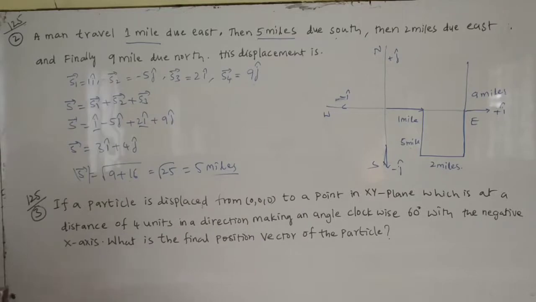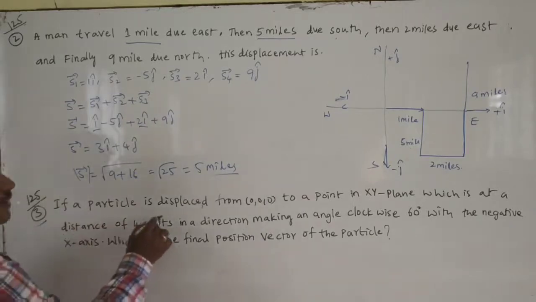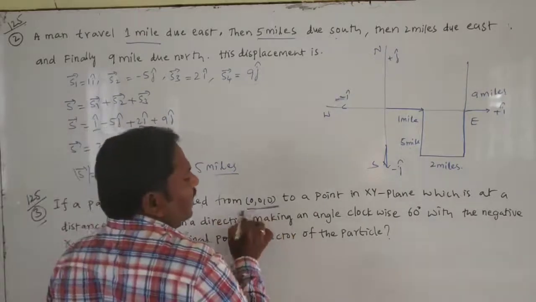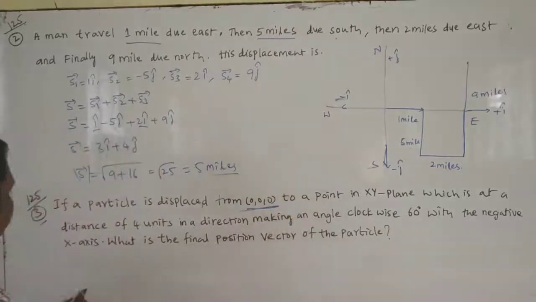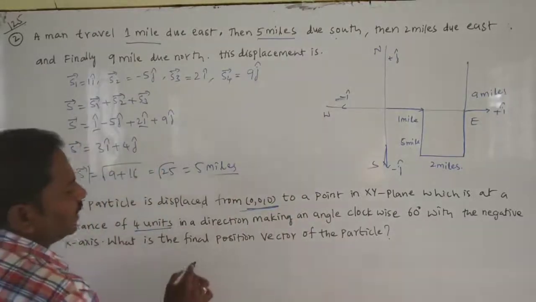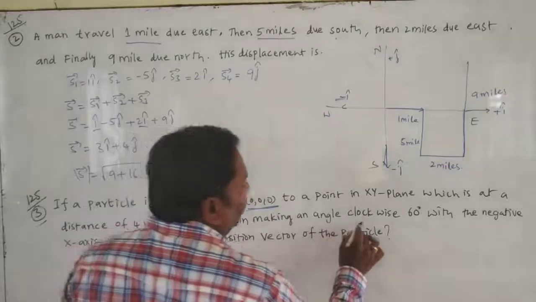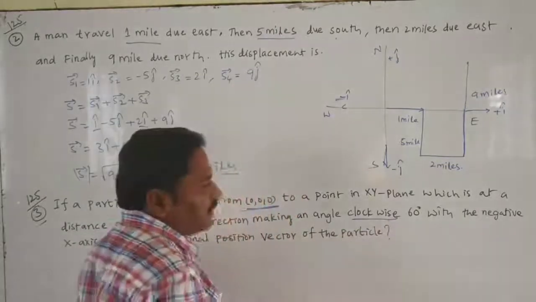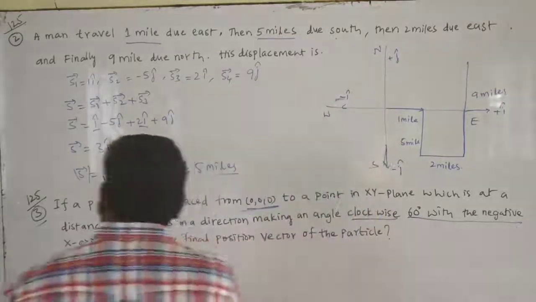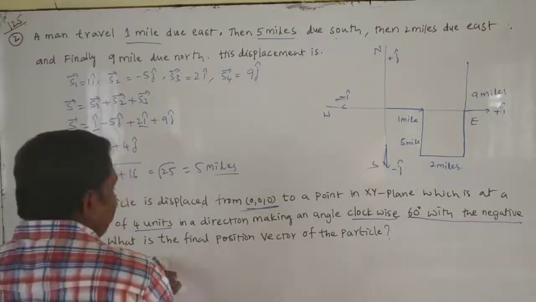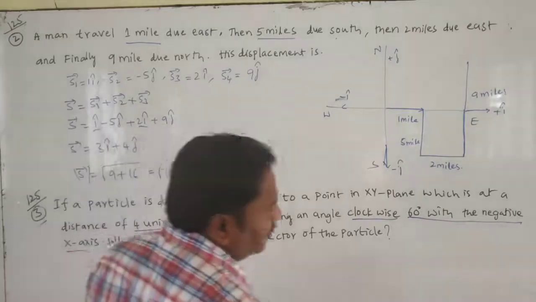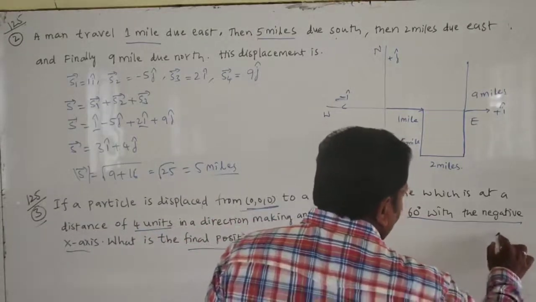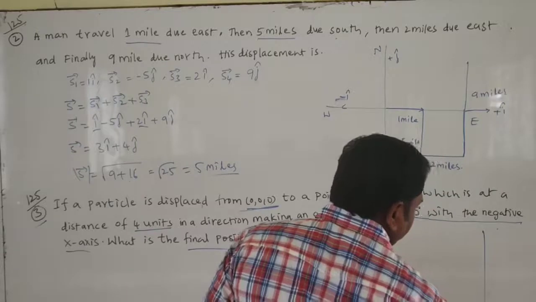So next, another question: a particle is displaced from the origin in the xy plane, at a distance of 4 units in a direction making an angle of 60 degrees clockwise with the negative x-axis. So what is the final position vector of the particle? Now I am drawing the diagram.